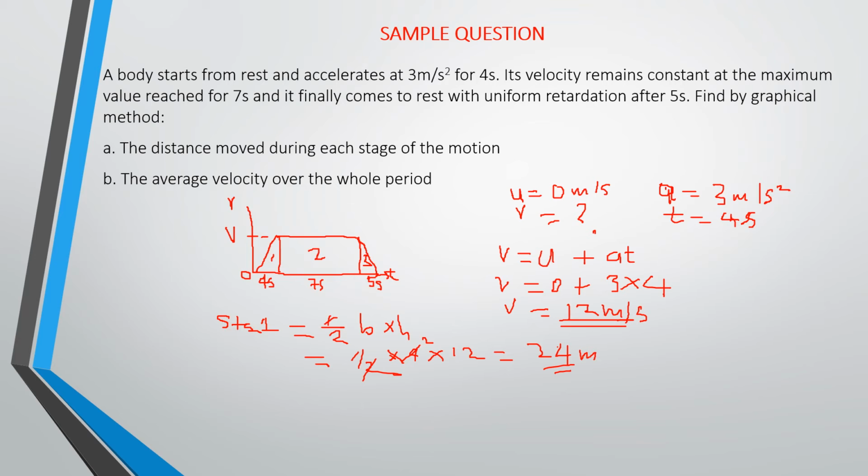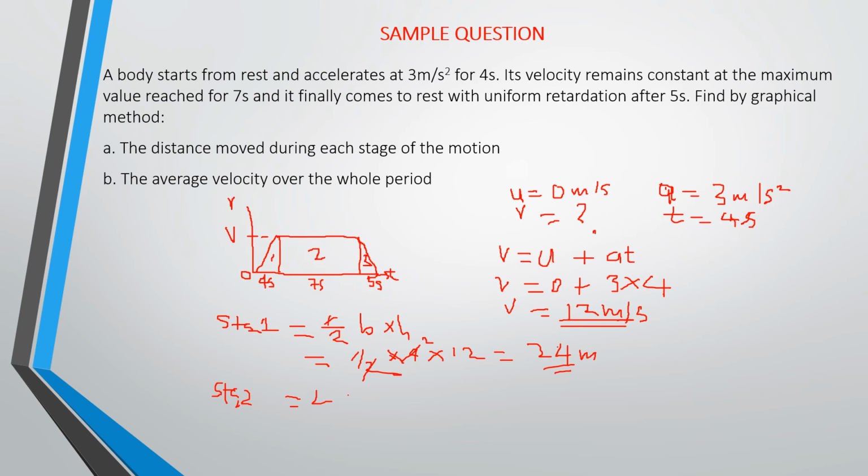For stage 2, we are looking at the area under this graph, and this is a rectangle. So it is just the maximum velocity times time, because the height is 12 and the time taken is 7 seconds.